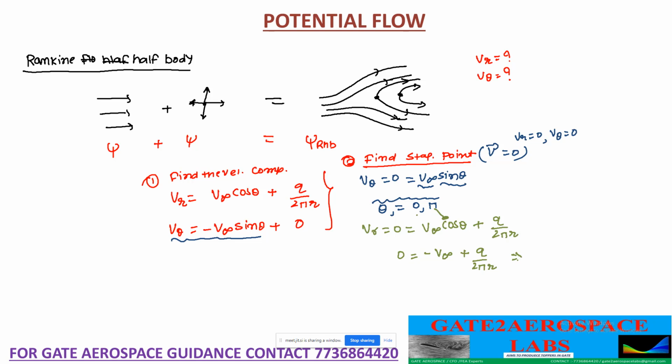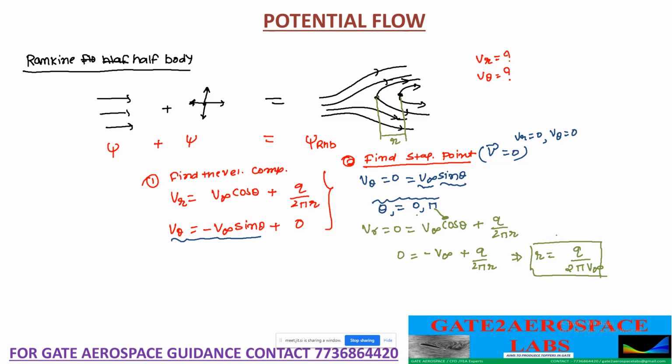So from this you will get r. R will be equal to Q by 2 pi V infinity. Correct? What is this r? This is that r from the origin where at this point you will have zero velocity. Fine.